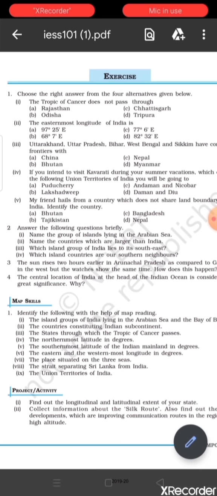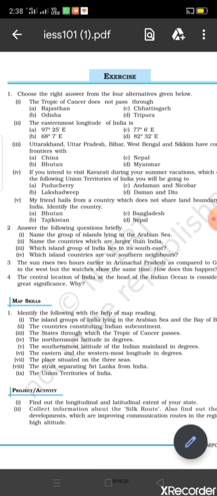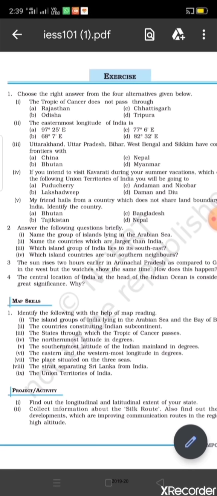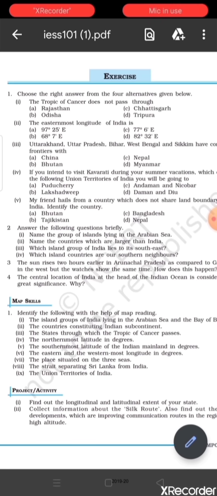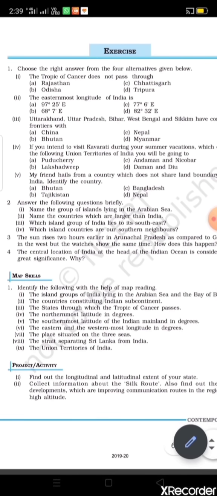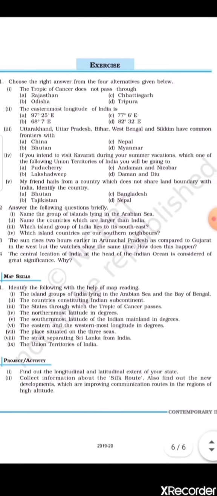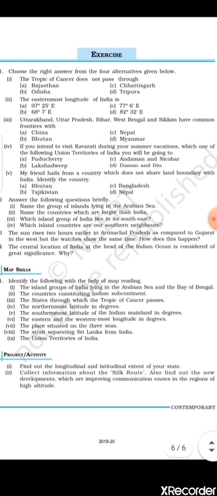Next is, which island countries are our southern neighbors? And the answer is Maldives and Sri Lanka. These two islands are our southern neighbors. Next question, the sun rises 2 hours earlier in Arunachal Pradesh as compared to Gujarat in the west, but the watches show the same time.